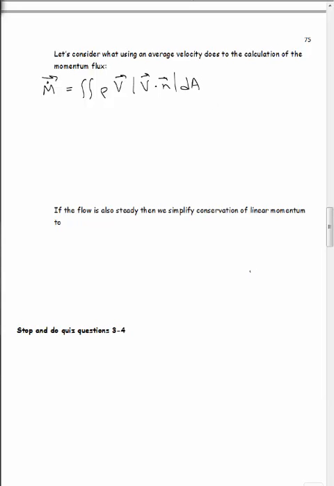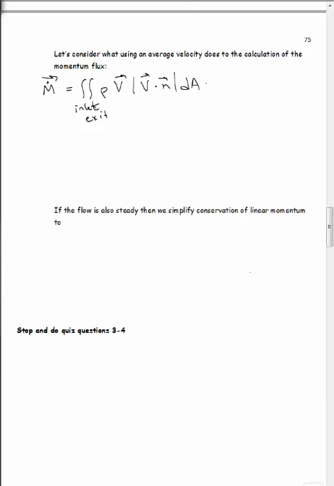First of all, over that area that we're talking about, say that exit of the pipe, if velocity is not changing with area as you go around in that area, then all these can be treated as a constant, right?